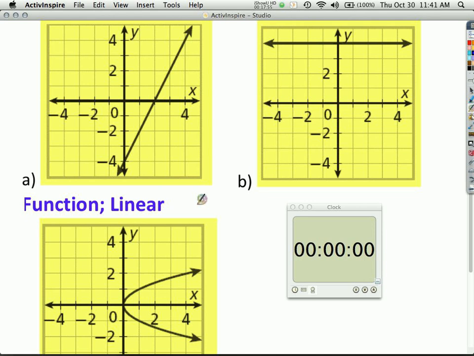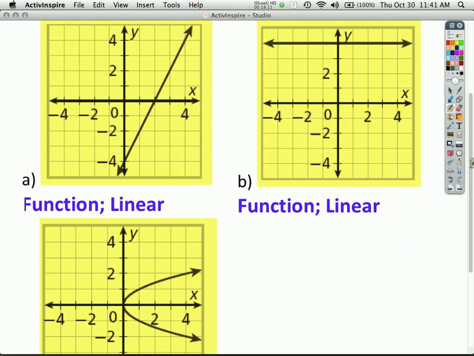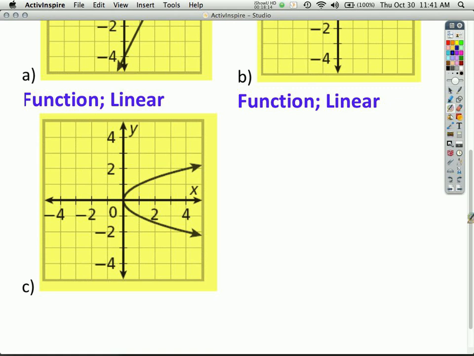Part B, I got student number 15 and student number 16. Number 15 is not there. Number 16, what did you get? You think it's a function and that it's linear? It is a function that is linear. Very good. And part C, I've got student number 6 and student number 14. Student number 6. I thought that it was not. Okay, and number 14 is not there, so we got not a function. Very good.